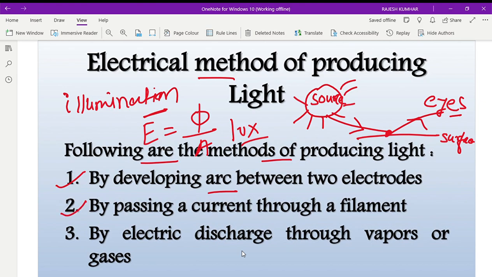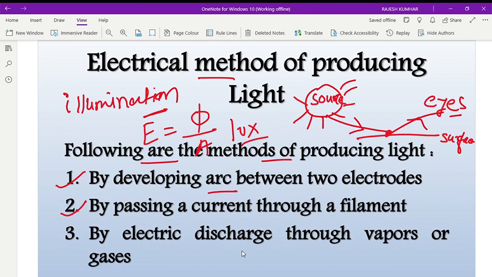The most commonly used arc lamp is the carbon arc lamp. The second method is passing a current through a filament. It means that when an electric current is passing through a fine metallic wire, it raises the temperature of the wire.